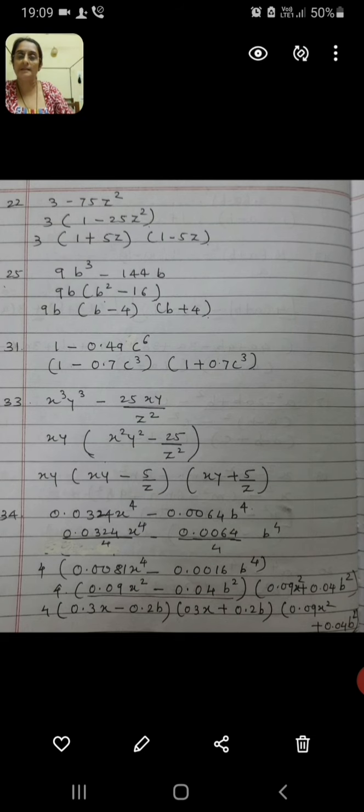Now using this only we are going to solve some number sums. So the first is evaluate 82 square minus 18 square. So here we are going to use the same identity: a square minus b square is equal to a plus b, a minus b.